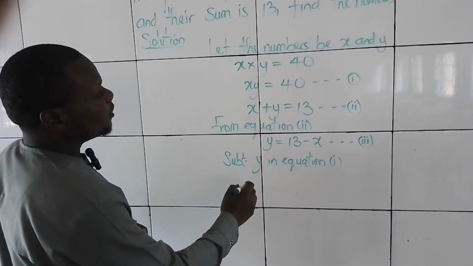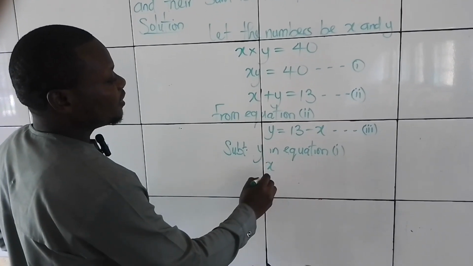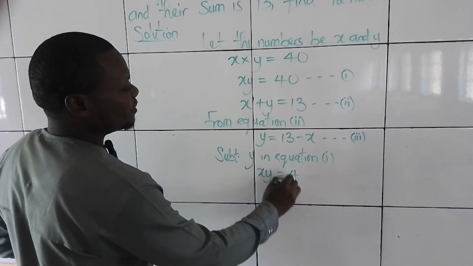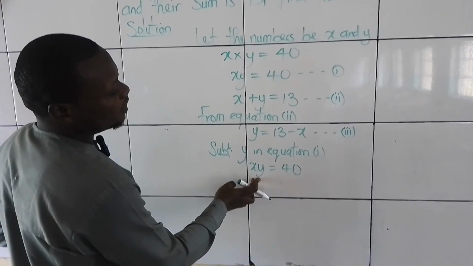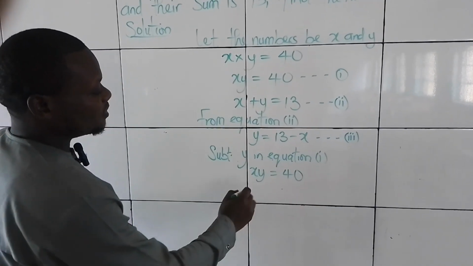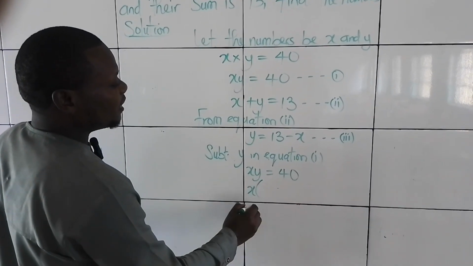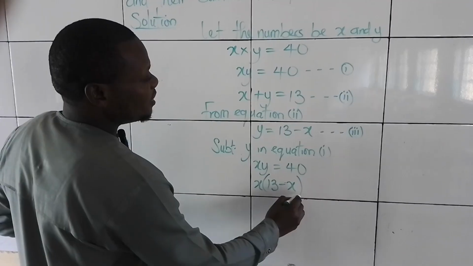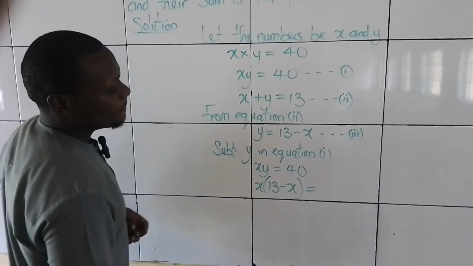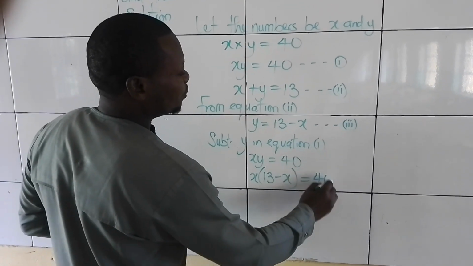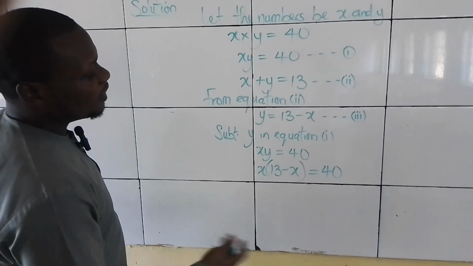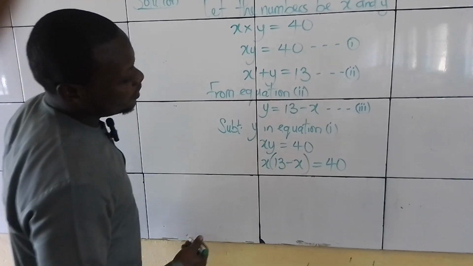So we have xy equals 40. Anywhere we see y now, we just replace it with 13 minus x. So I'm going to have x bracket 13 minus x equals 40. From here, we open the bracket, or expand, as we used to call it.